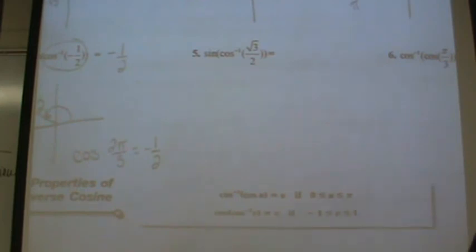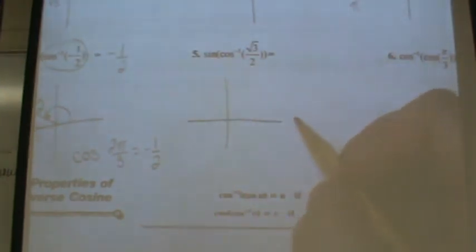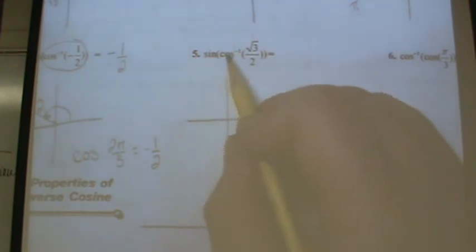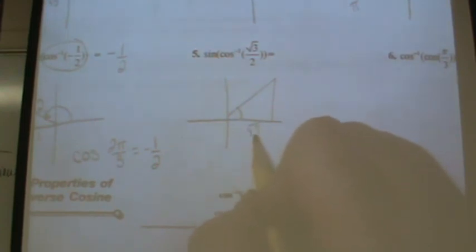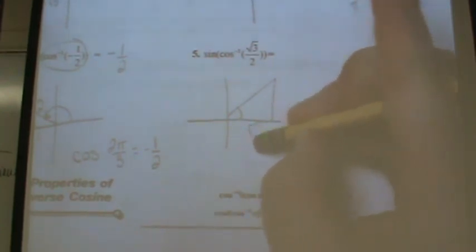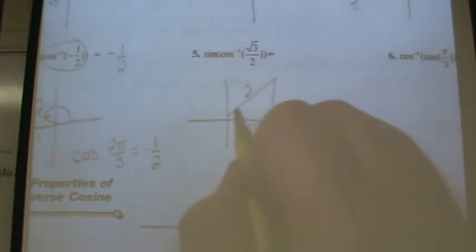For number 5, we're taking the sine of the inverse cosine. So for this one, we have the inverse cosine of root 3 over 2. So we have adjacent over hypotenuse. We're looking for this angle.